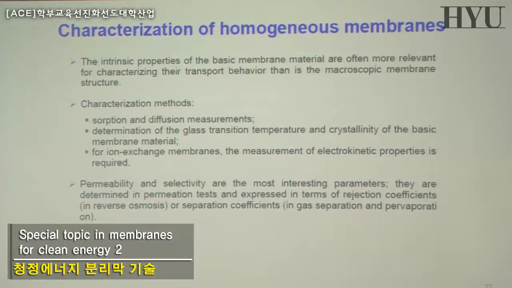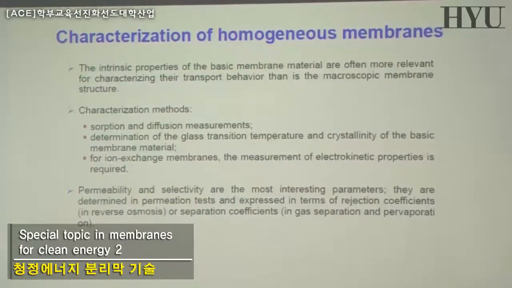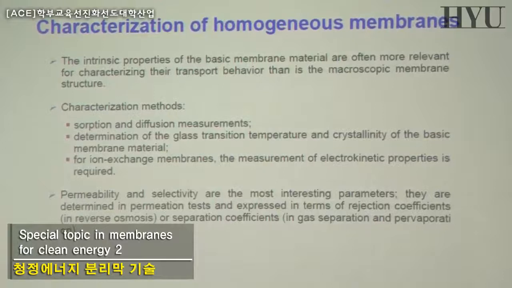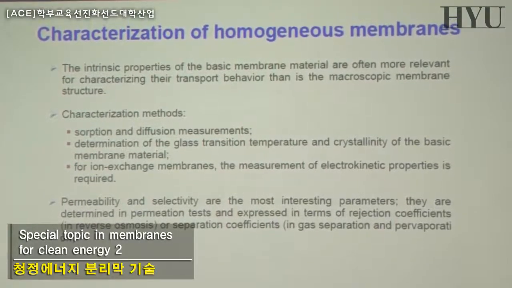So far we just talked about the pore size and measurement of pore size distributions and so on. We will talk about the characterization methods of the homogeneous membranes without any pores. In this case, we have to know about the Tg, glass transition temperature, because we are dealing with the polymer itself. If we have a polymer with crystallinity, we can check the crystallinity as well.